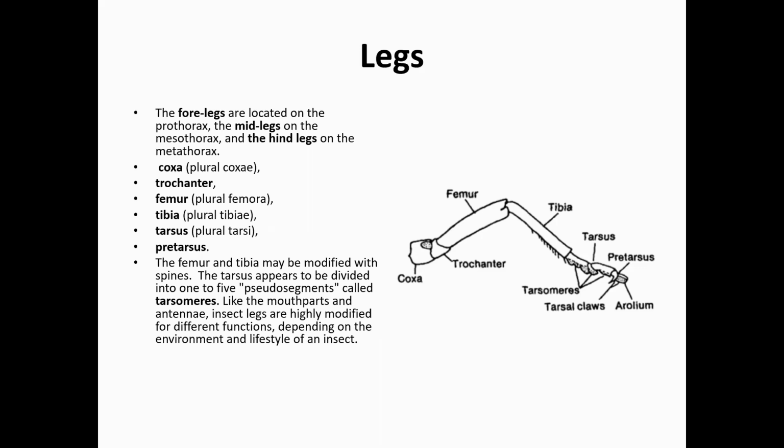Like the mouth parts and antennae, the insect legs are also highly modified for different functions, depending on the environment in which they are living, and also depending on their lifestyle. The legs of the insect vary, and they have various kinds of modifications.